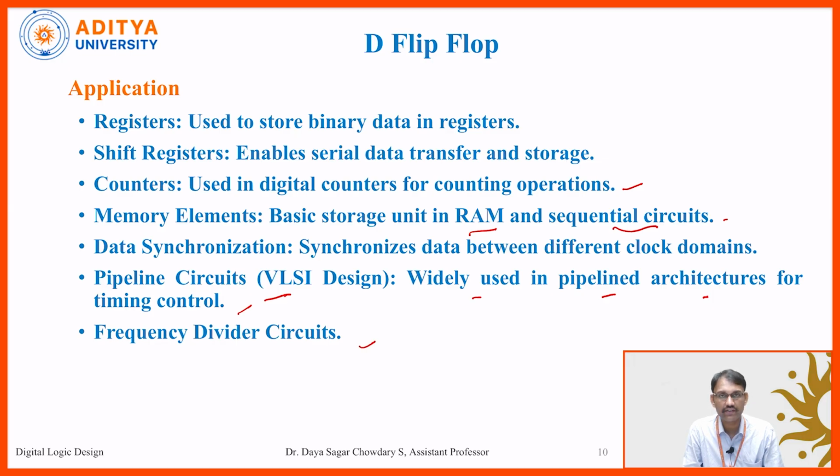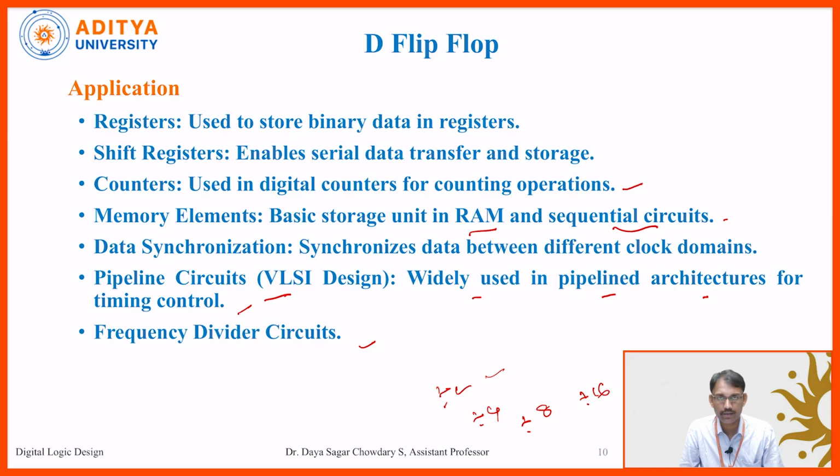And frequency divider circuits: D flip-flops are also used for divide by 2, divide by 4, divide by 8 and divide by 16 circuits. We use this D flip-flop to generate the clock signal in frequency dividing circuits. Most of the time we get only a single signal from the PLL, the phase locked loop. In order to supply all the internal devices, we need to give this single clock signal.